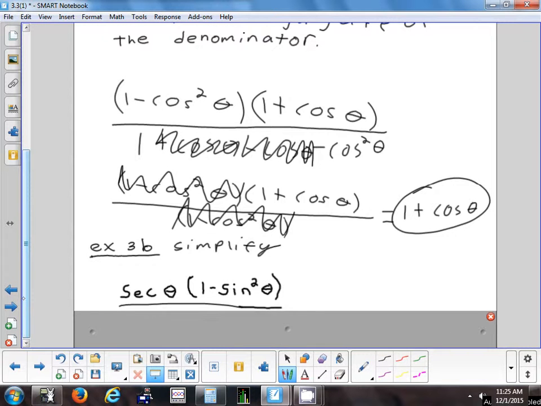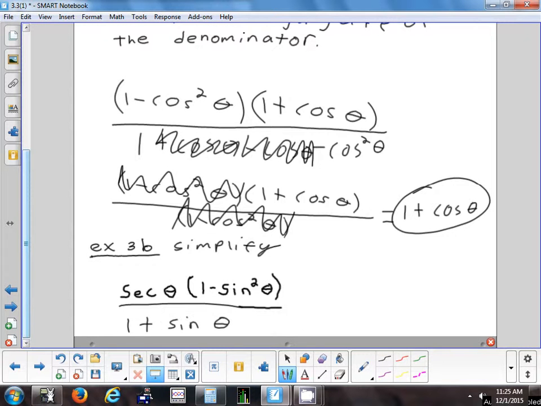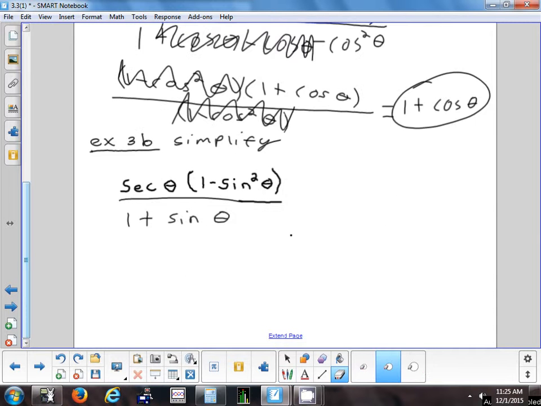Okay, any questions on what we did there? We're going to do the same thing again here pretty much. Since we're only studying certain kinds of problems, after a while, you'll be able to look at this and recognize what kind of problem it is and what you should do. The first thing I look at here is the secant.